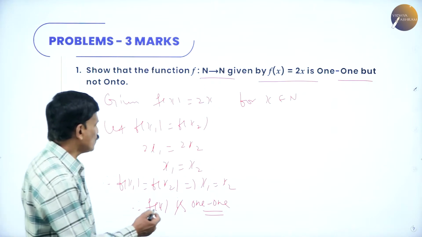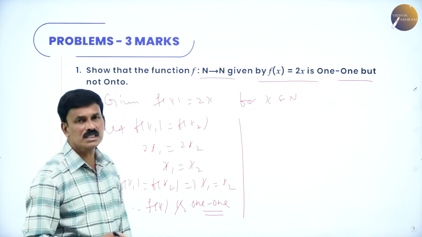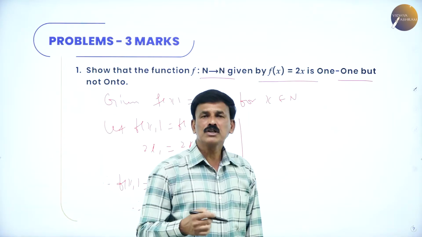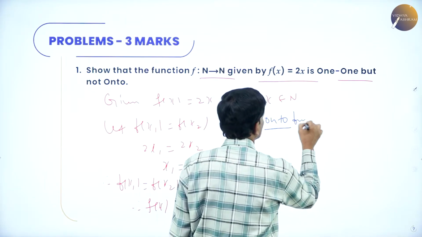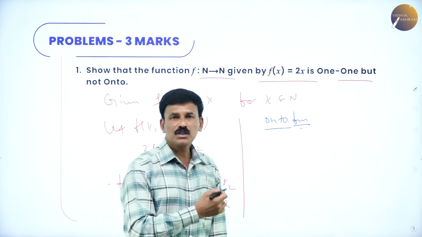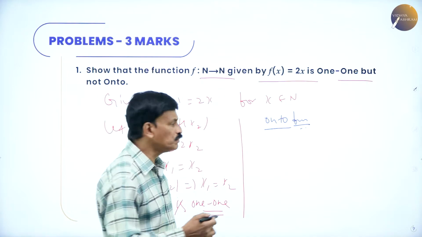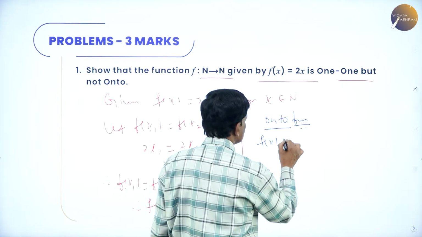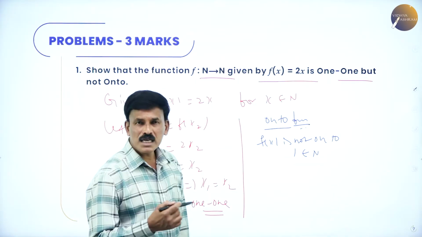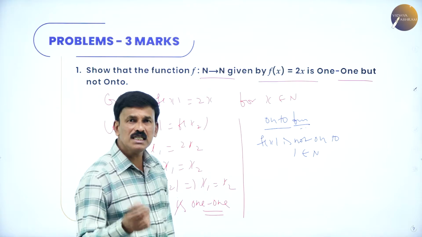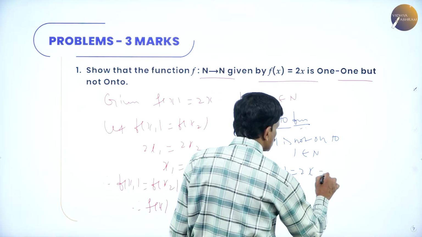Now, since f of x is one-one on N, by looking at the problem you can say that f of x is not onto. To verify whether it is onto or not: f of x is not onto as 1 belongs to N, there does not exist any element x in N such that f of x is equal to 2x is equal to 1.